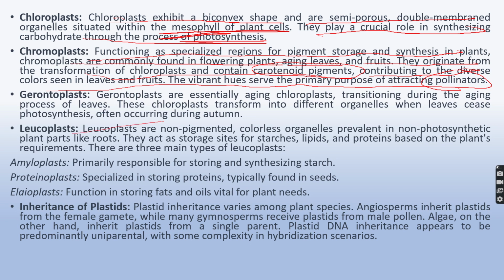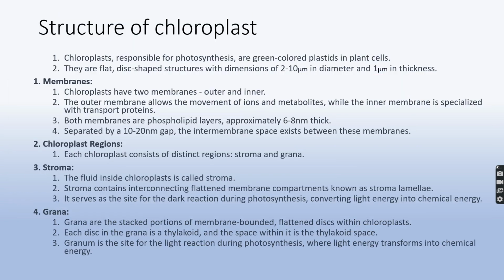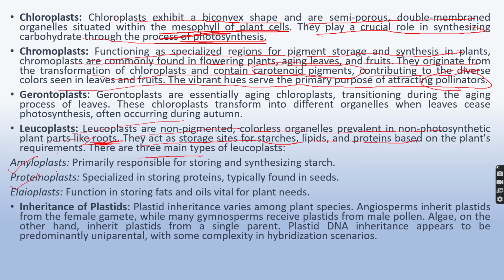Now, leucoplasts are non-pigmented, colorless organelles prevalent in non-photosynthetic plant parts such as roots. Okay, they act as a storage site for starch, lipid, and protein. And as per the storage molecules, they can be classified as amyloplast, proteinoplast, and elaioplast.